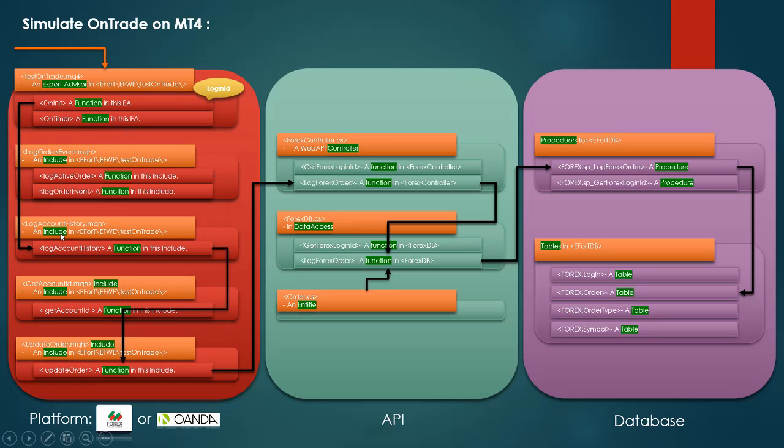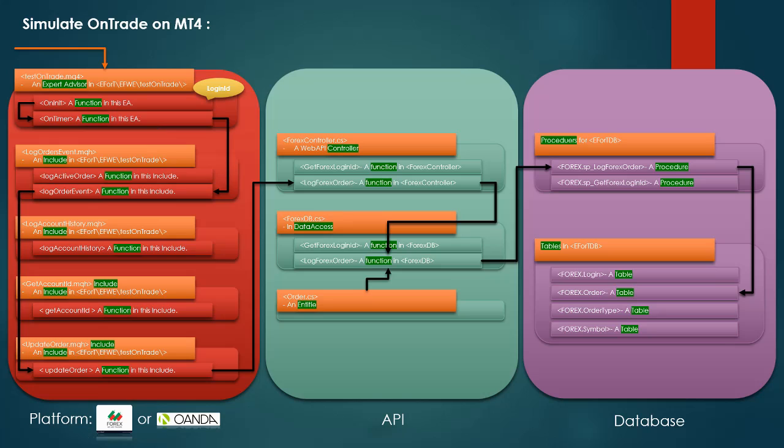The first part is to log the activity orders, this part logs the history, and at last we go to the onTrade function. In the initial function in the EA, we call another function, also in that EA, called onTimer. We can set the timer to run our onTrade function every second.